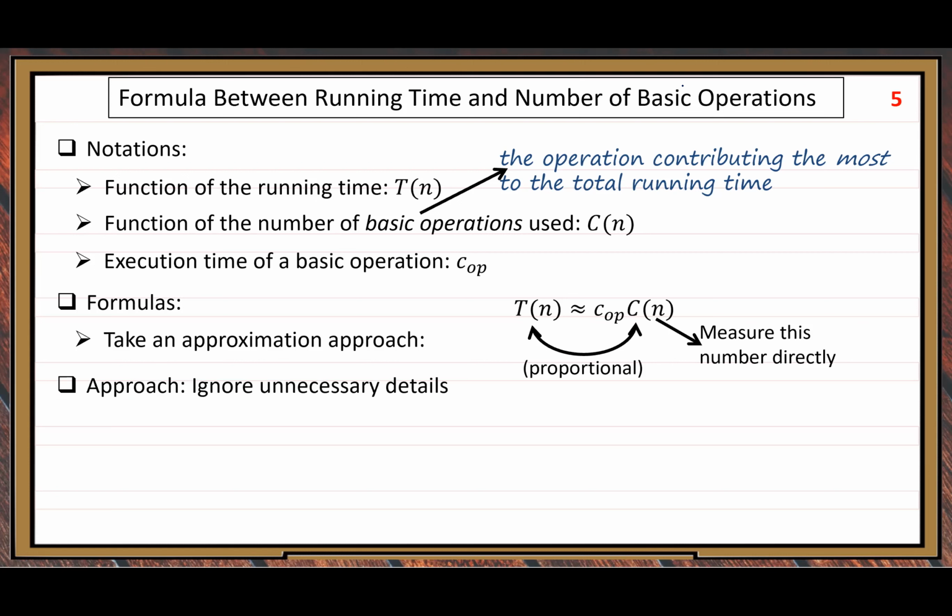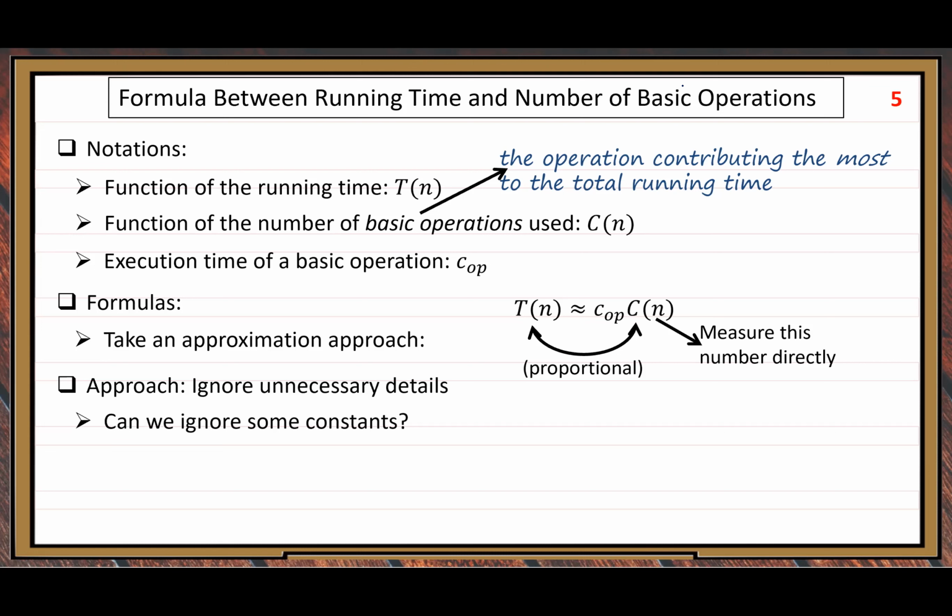Then we want to see what details we can ignore in our algorithm efficiency study. Can we ignore some constants?